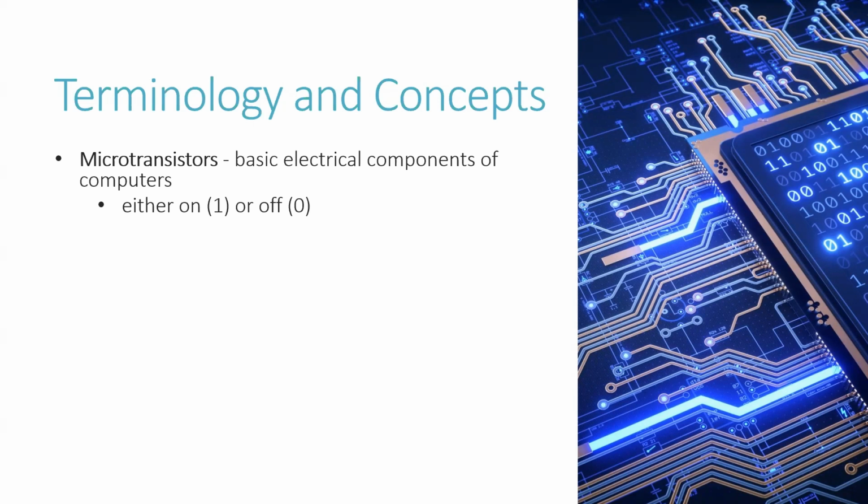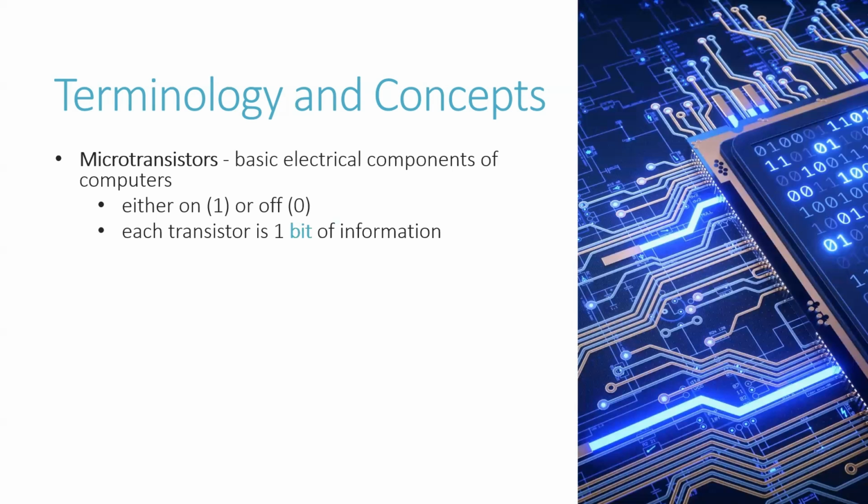And the information of whether or not each microtransistor, or a string of microtransistors next to each other, are on or off is represented in two numbers. One means it's on, zero means it's off. So that information of whether or not the microtransistor is on or off is called a bit. So we're going from the concrete electrical component to an abstract idea of information.